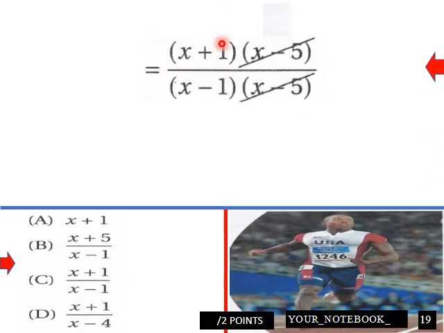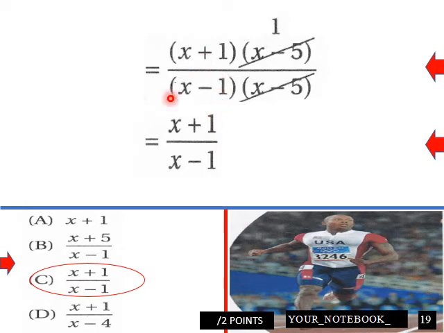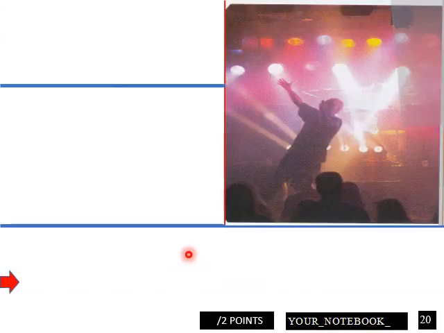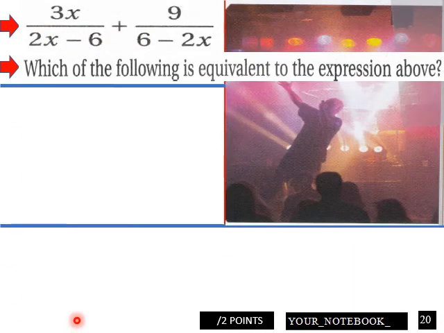Then continuing on our solving here, we come up with this fraction here. These two binomials factor out. They cancel out. Then we end up with this x plus 1 over x minus 1. So with these two here, we're trying to add those two.